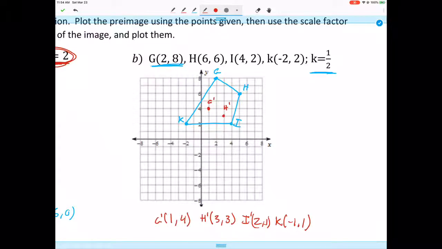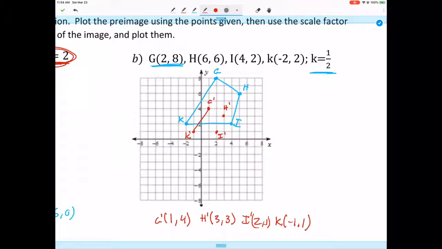Next we have 2, 1, which is I prime. And then -1, 1, which is K prime. Connect those dots. Okay, so as you notice, all the slopes stay the same. It's just the size.